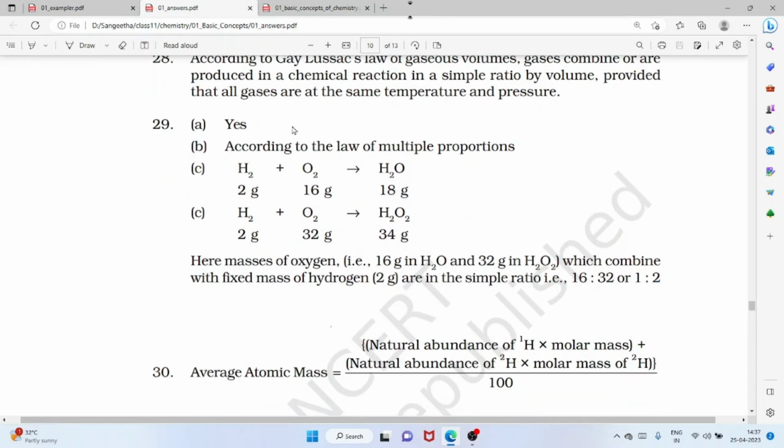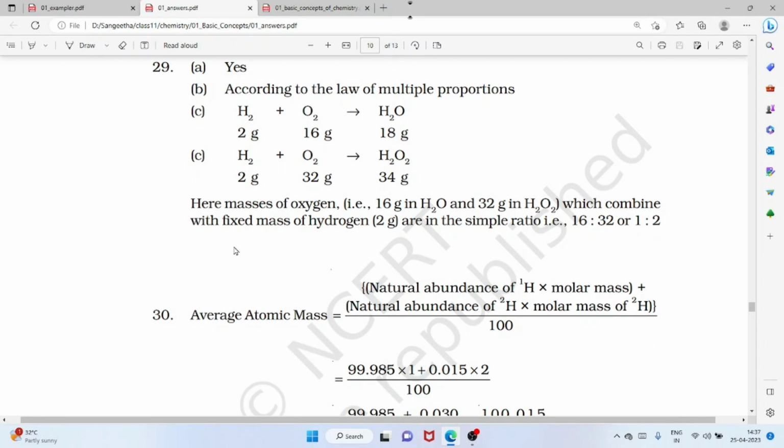According to the law of multiple proportions, they have given hydrogen and oxygen. Here we are adding 16 gram, the output is 18 gram. Here 32 gram, the output is 34 grams. Okay. So here the masses of oxygen, 16 grams in H2O and 32 grams in H2O2, combine with fixed masses of the hydrogen. Hydrogen is fixed, only oxygen is varying.